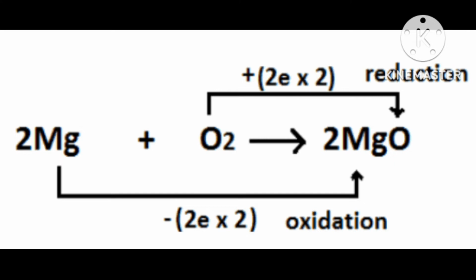If you compare, O2 was 0, and now on the right side in the CO2 molecule it became -2. Again there is a change of oxidation number. That's why this reaction is a redox reaction.